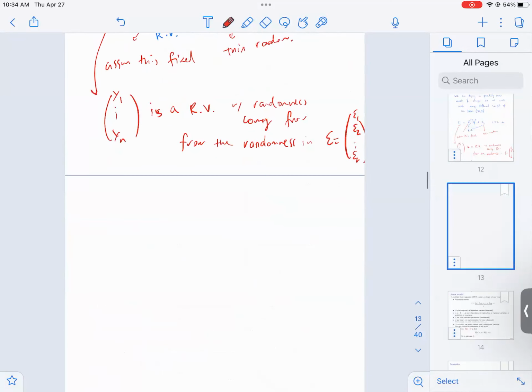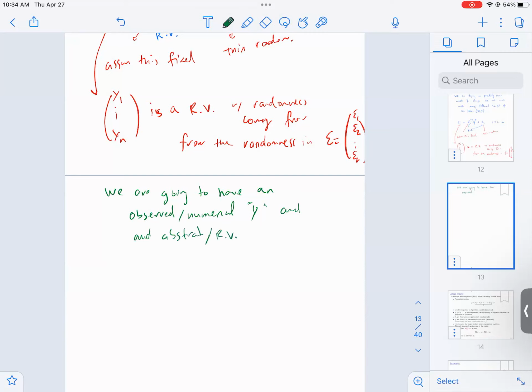So we are going to have an observed numerical y and an abstract random variable Y. The former is just one realization of the latter.